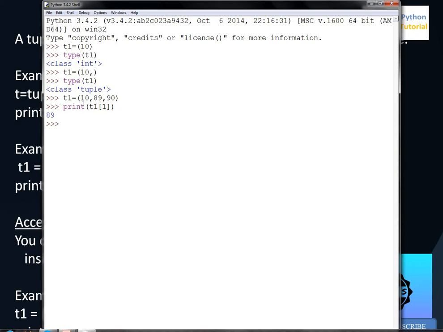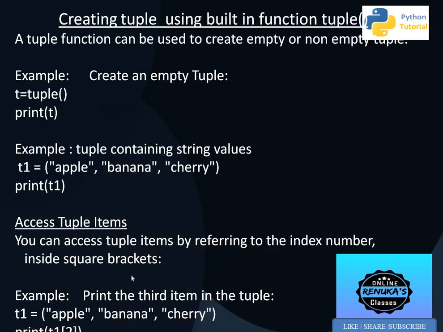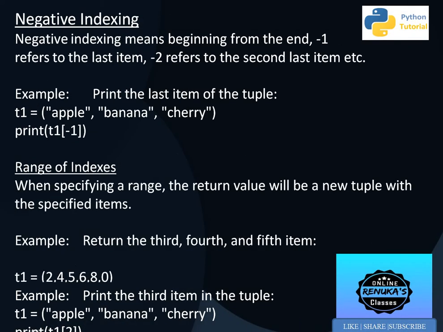So the elements in the tuple are indexed as 0, 1, 2. So we can give the index in the brackets after the tuple name, that is t1, then 1. So it will print the item which is present at first index. So this is how we can access the elements present in a tuple.